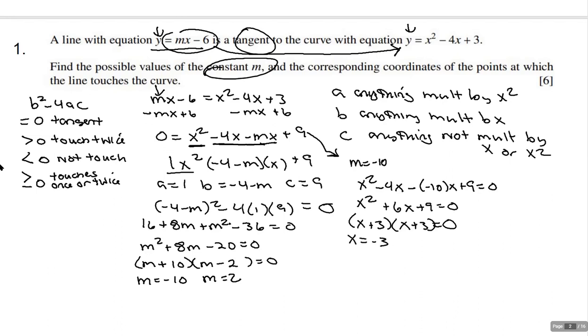So what I want you to do now is take the 2 and substitute that back into this quadratic. Pause it and then tell me what you get, and start back up again.